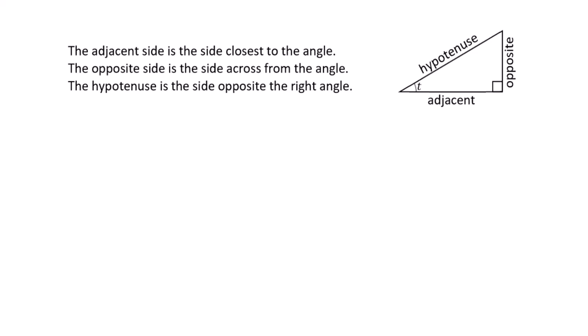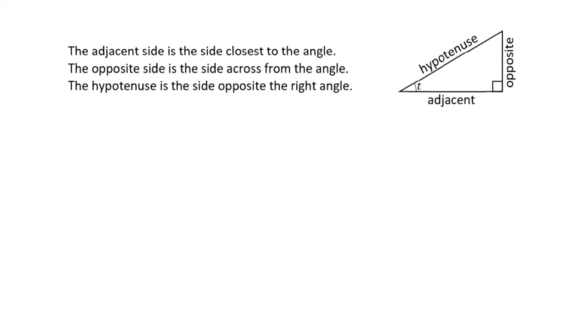In this diagram, we have angle t, and the side opposite it is over here. The side adjacent to it helps make up that angle, and the hypotenuse is always across from the right angle.